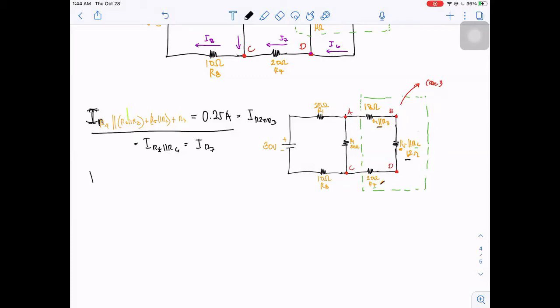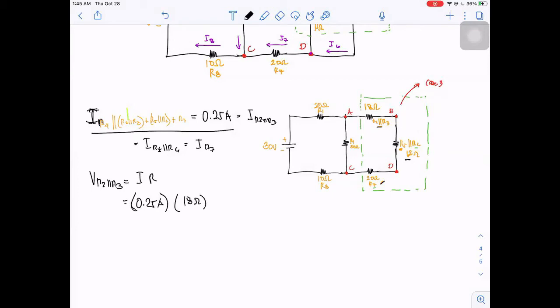So we have now VR2 parallel R3, IR. We already know that is 0.25 ampere, and this is 18 ohms.